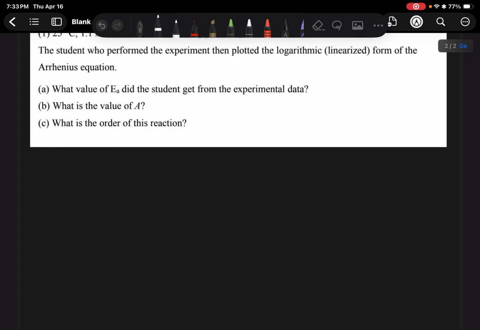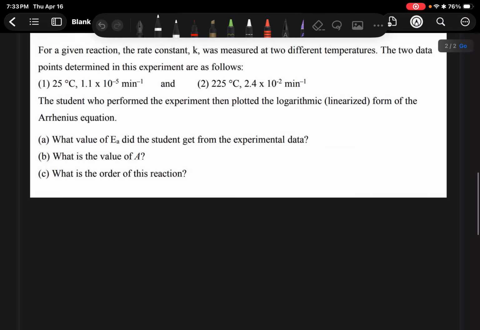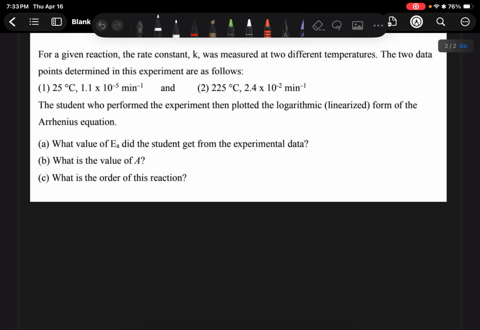I feel like I should ask ChatGPT this. Because we have T2, we have T1. The rate constant K, we got that as well.